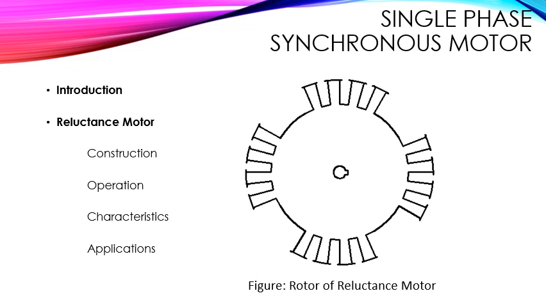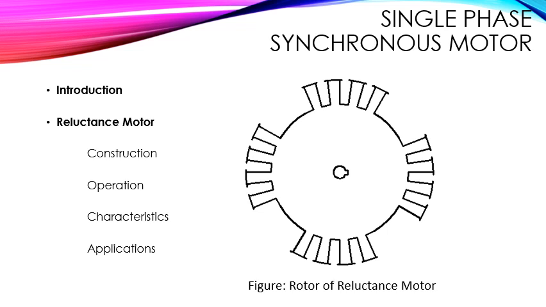The operating principle used in the reluctance motor is: a force is exerted upon a ferromagnetic material, tending to bring it into the position of the densest portion of the field. Whenever a piece of material is placed in a magnetic field, the force tends to align the piece of material to a low reluctance path.